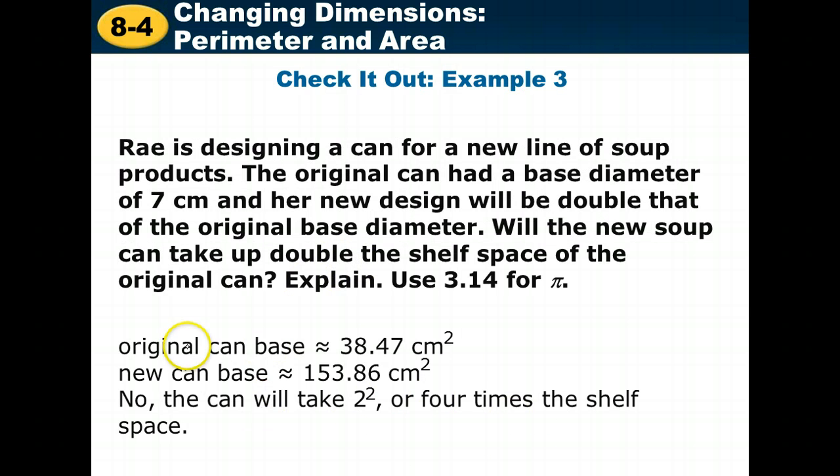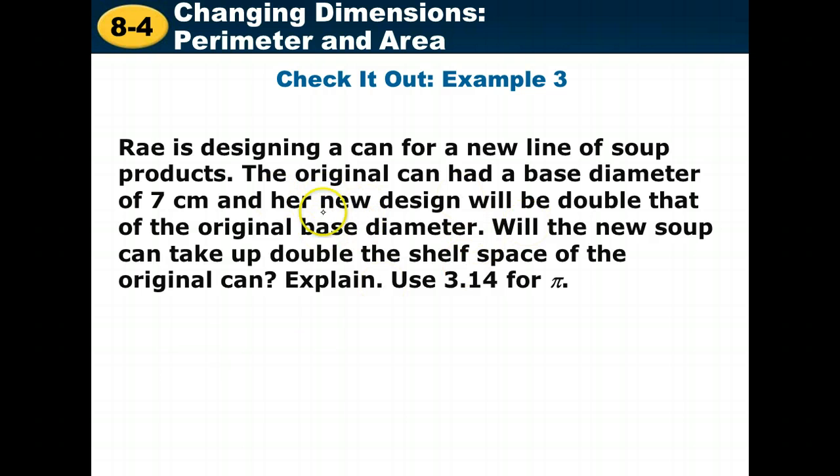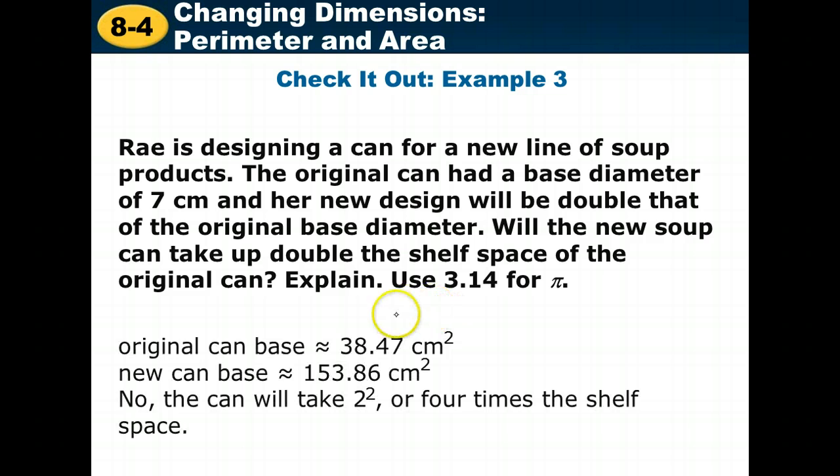All right, go ahead and do this one by yourself. So here we have Ray, who is doing something. Will the new soup can take up double the shelf space? All right, so let's find the area of both of them. The original will be 38.47.